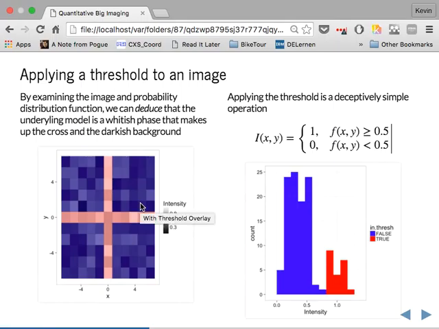This would be a very simple one where you say, if it's less than 0.5, it's 0. If it's greater than 0.5, it's 1. Here we are able to segment out the cross quite well, so that the cross is part of the output image and the background is no longer there. And we end up with a probability density function that reflects that as well.